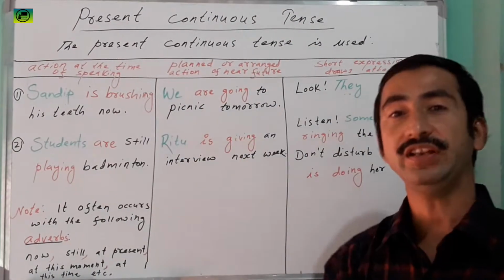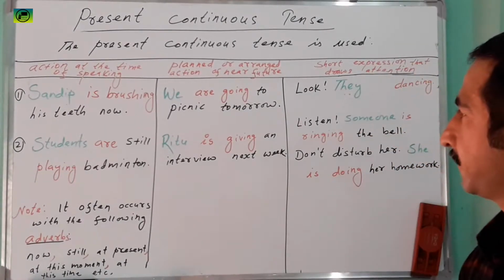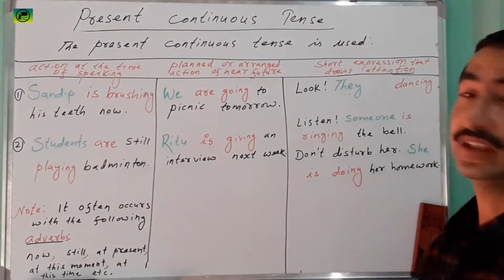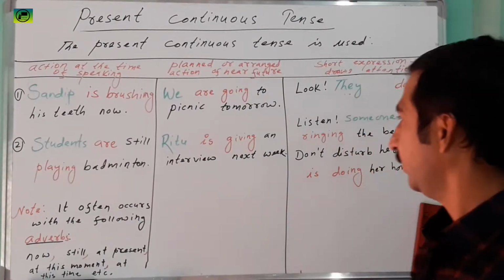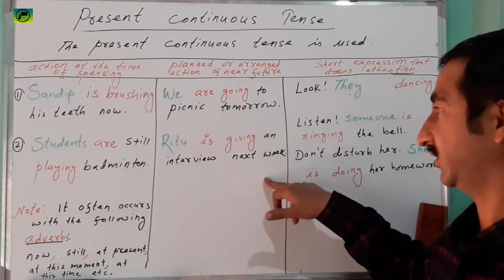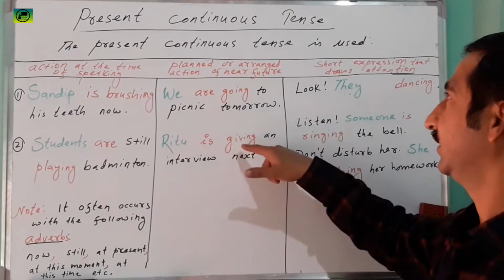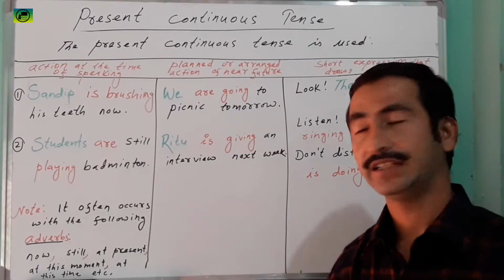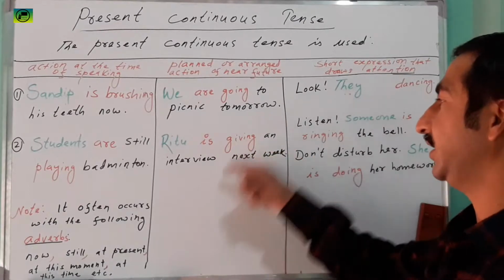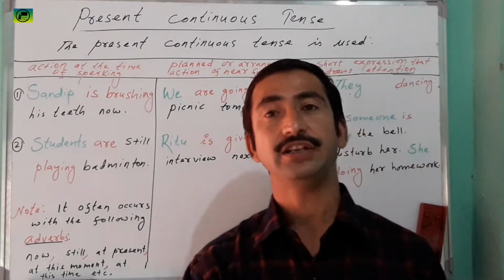So Ritu is giving an interview next week. Now this next week, it is a plan. It's a planned action. So it is in present continuous tense. Ritu is giving an interview next week.